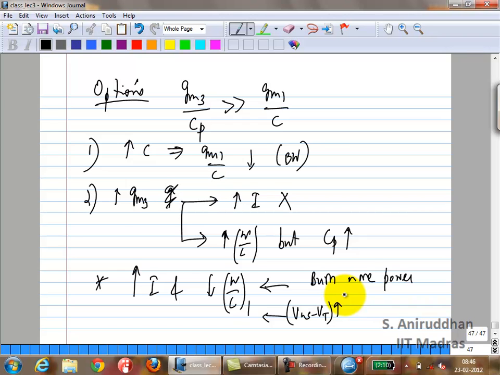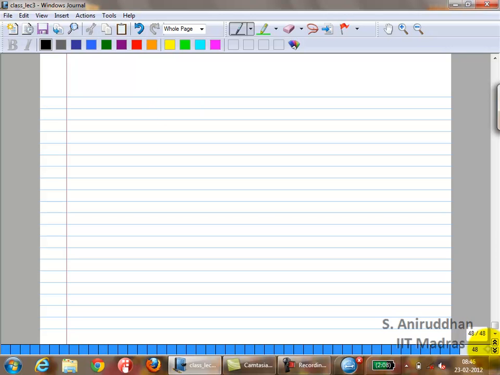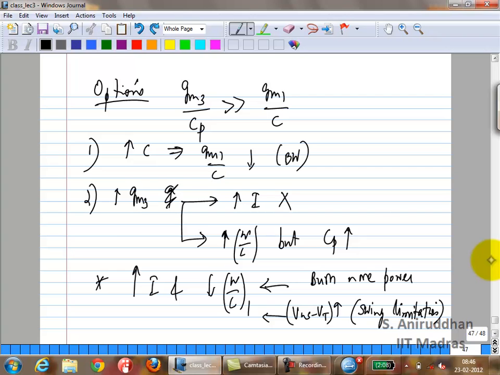So now you are hitting headroom problems, in other words, you are limiting swing. This is a fundamental trade-off you'll see in almost every op-amp you design: power versus speed.